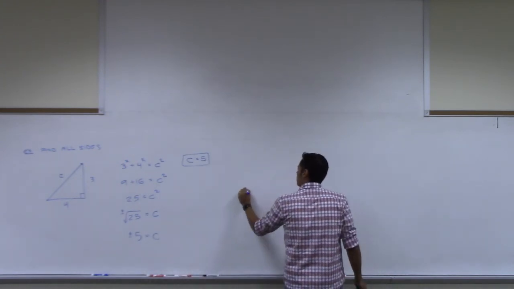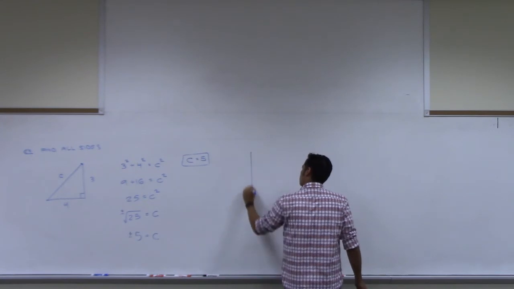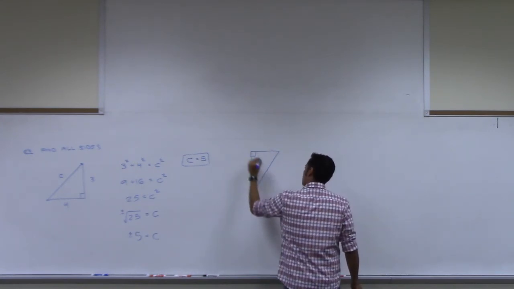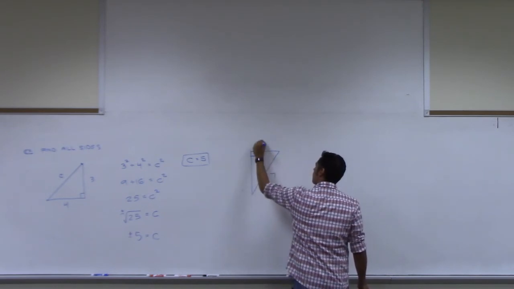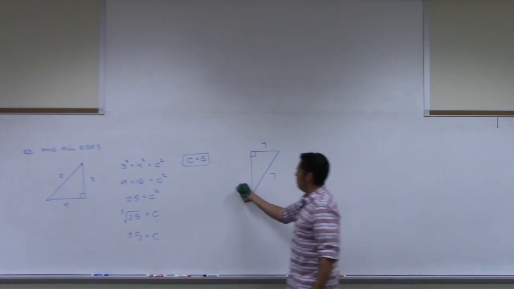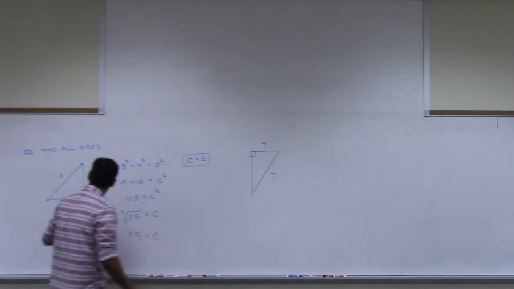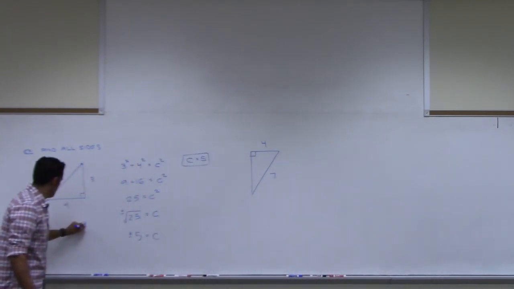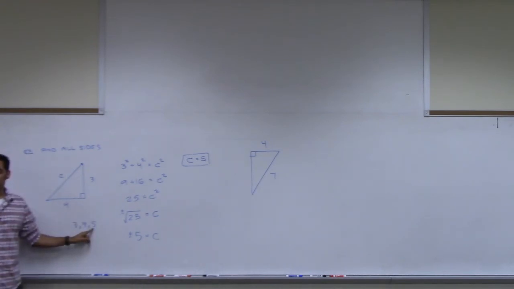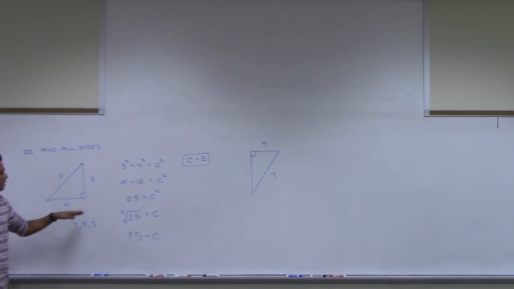Okay. How about this? Another example. By the way, 3, 4, 5, right? The hypotenuse is always the largest number. So 3, 4, 5 is an example of 3 numbers that work in the Pythagorean Theorem, right?